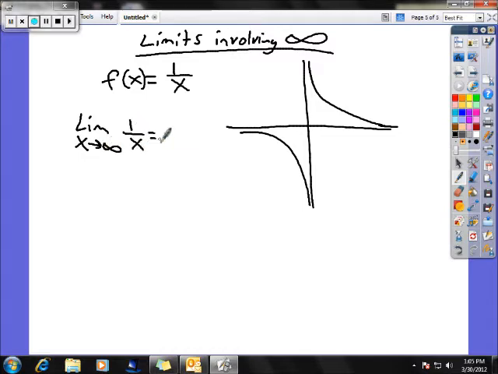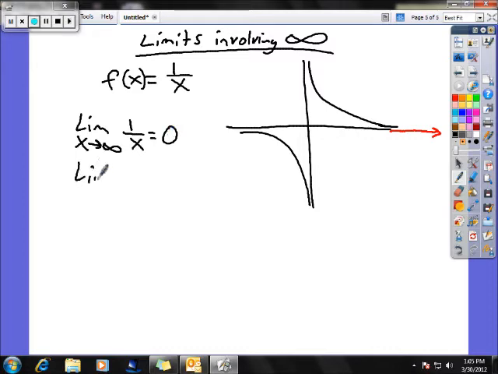We can see graphically that as x approaches infinity, all the way this way, farther than you can imagine, the y value is decreasing, and it's approaching 0. So the limit of this equals 0.